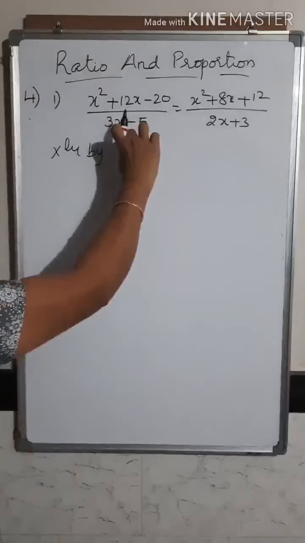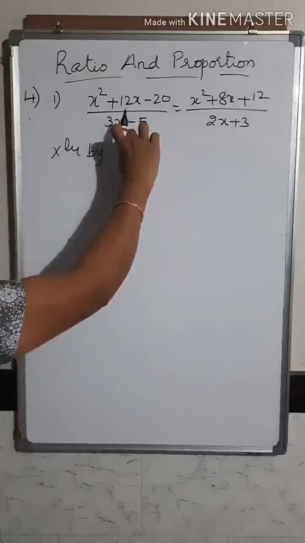For that what you have to do is, now here you have got the x square term on one side only. So when you have got the x square term only on one side, you have to use the property of alternando. Take this x square term to the numerator so that by multiplying and subtraction you can cancel the terms.